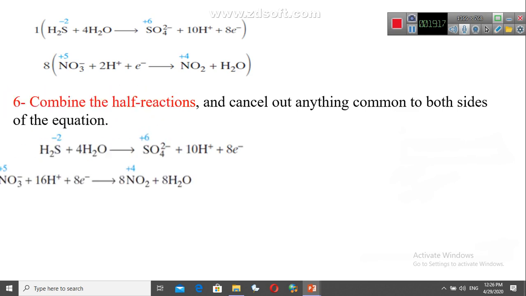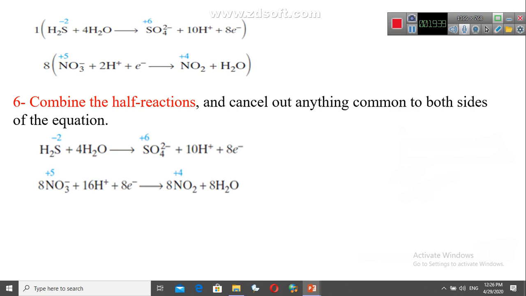And after multiplying equation number 2 by 8, the half reaction became like the following: NO3 plus 8 multiplied by 2 became 16 H positive, plus 8 electrons.